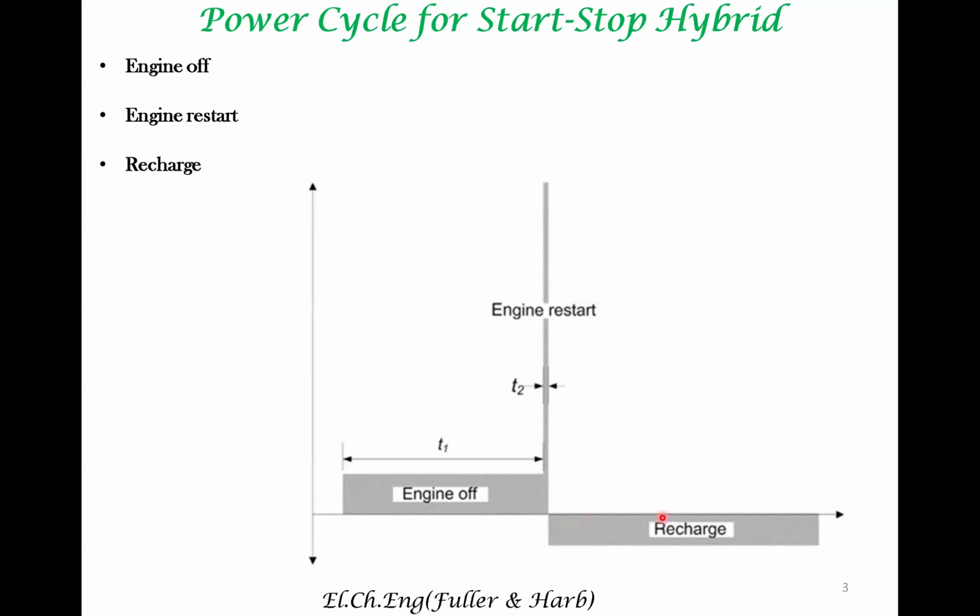Then again, there is this phase T3, for example. T3, in this phase, is much larger than this time window as well as this time window. So this phase lies below this line. The RESS gets recharged. So this phase refers to engine off.